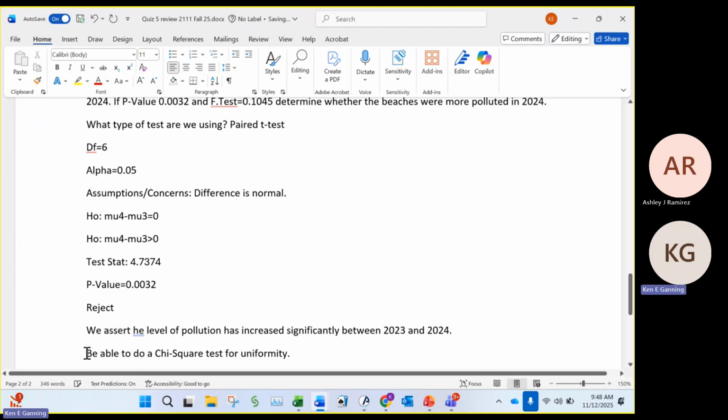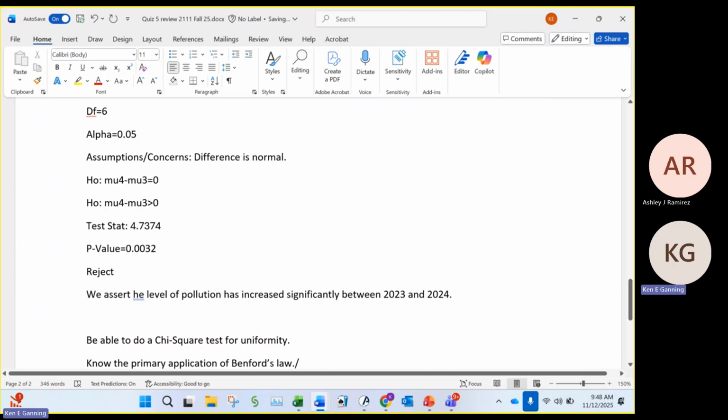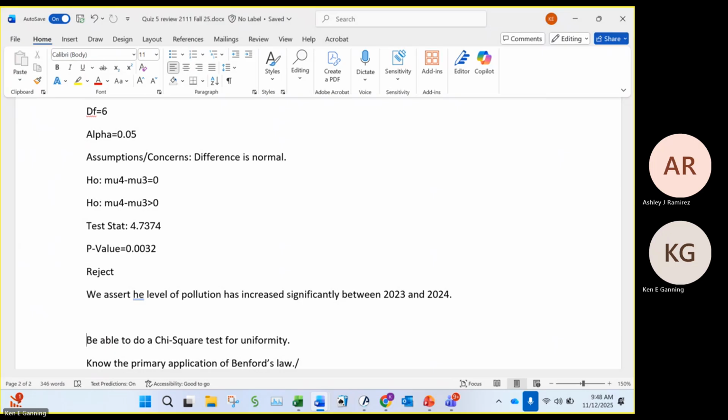Be able to do a chi-square test for uniformity. That's unlikely, but not impossible. Question. Okay, a paired test, we're only worried about the difference is normal. Unpaired test, both data sets are normal. Z-test, we're not worried about it.